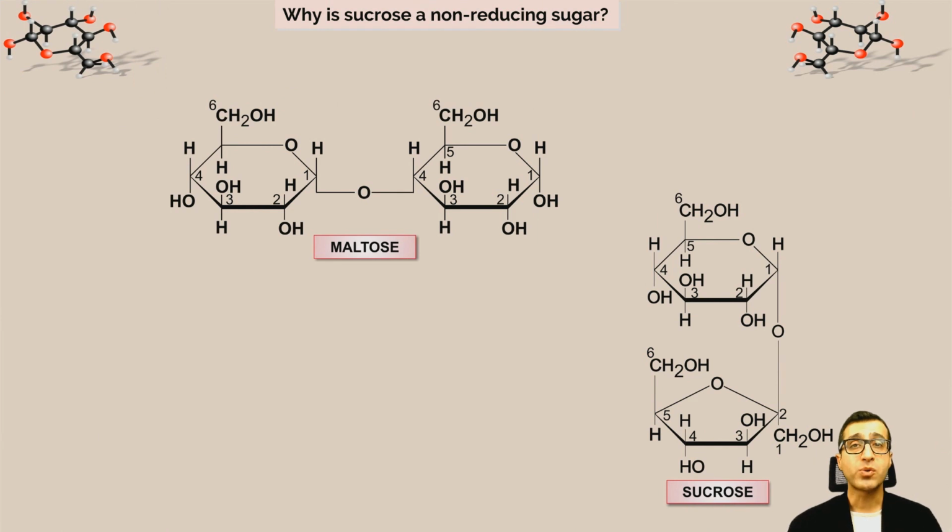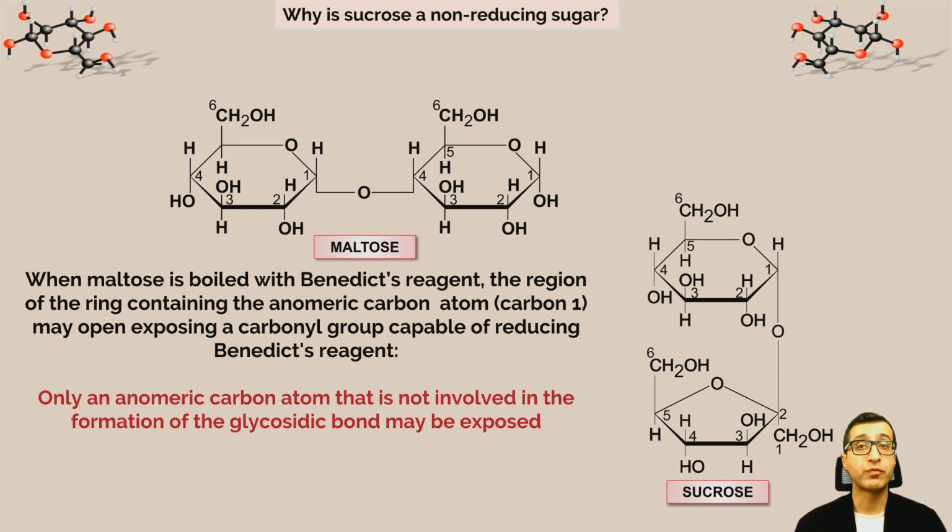So when maltose is boiled with Benedict's reagent, the region of the ring containing the anomeric carbon, carbon 1, can open and expose the carbonyl group and this is capable of reducing Benedict's reagent. It's capable of transferring an electron to that copper 2 ion to form a copper 1 ion, and this is what leads ultimately to that change in colour and the formation of the precipitate, which indicates a reducing sugar.